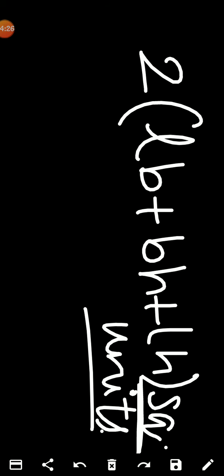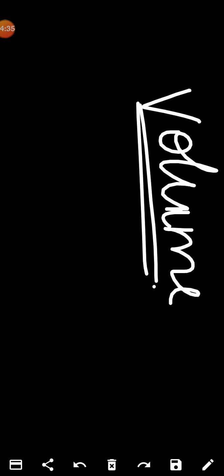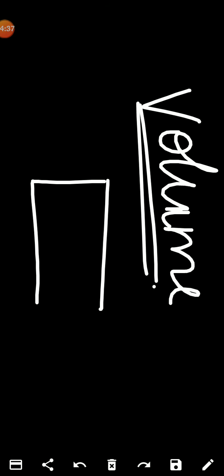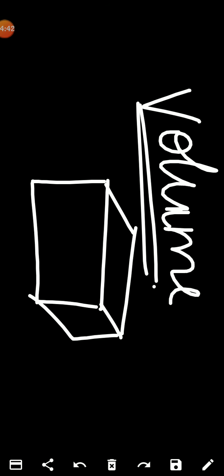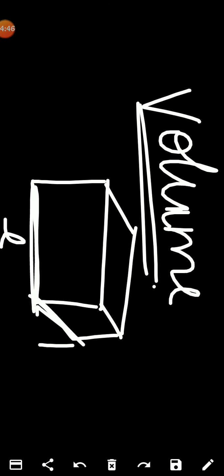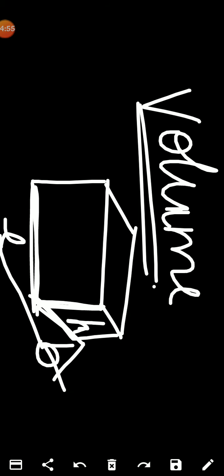Now let us go to the last topic of this video, that is the volume of a cuboid. Let us draw a cuboid first. Now a cuboid has 3 measures. They are length, breadth and height. So just multiply these 3 units to get the volume of a cuboid.